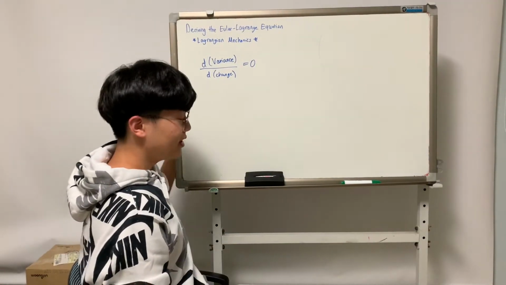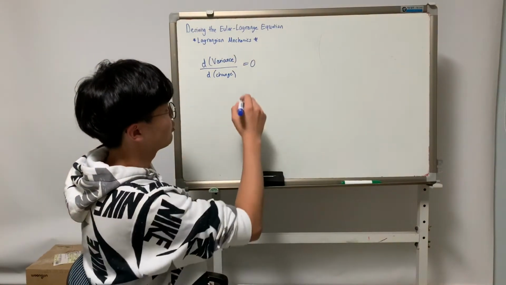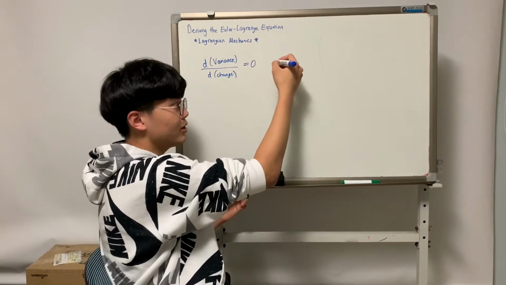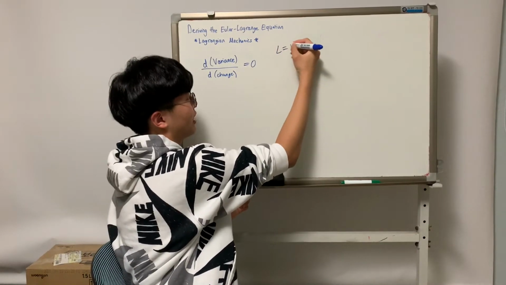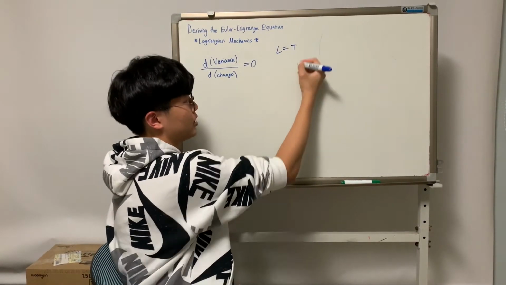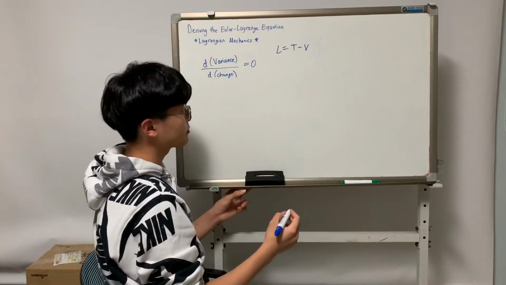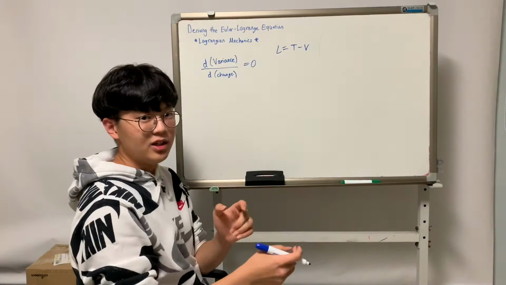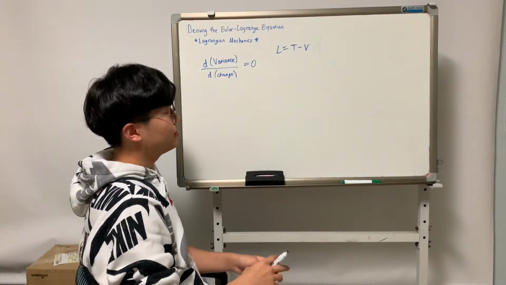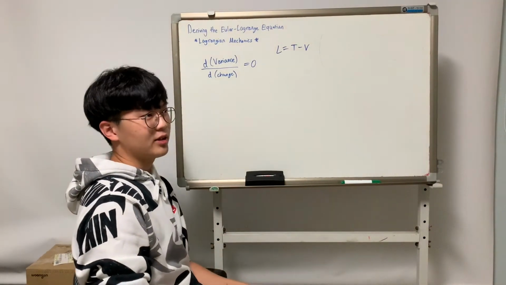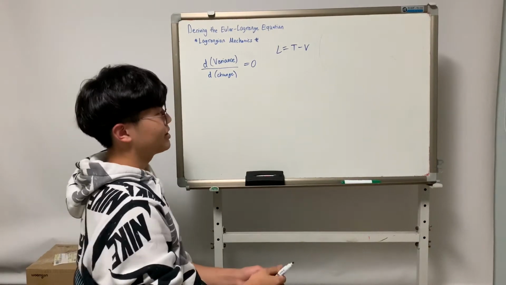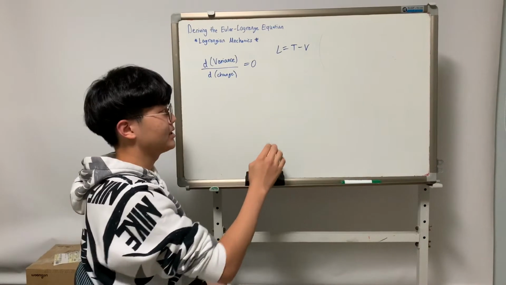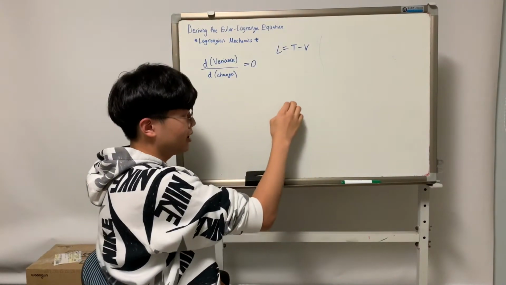What Lagrange has proven was that the Lagrangian, which is given by the kinetic energy minus the potential energy, and with that Lagrangian we could define any object's motion. To say this in a simple, colloquial way, Lagrange has basically said that an object would follow any path that requires the least Lagrangian.